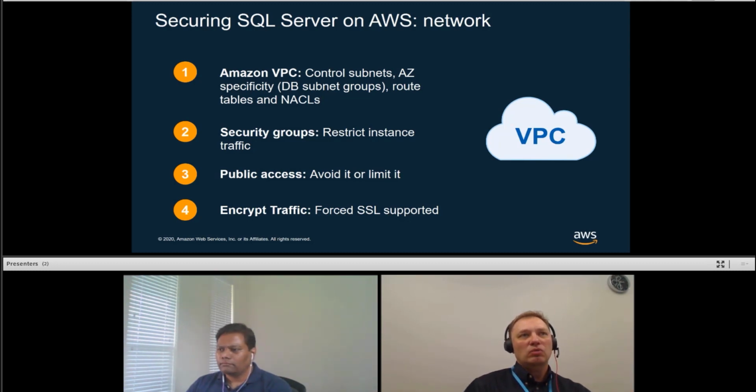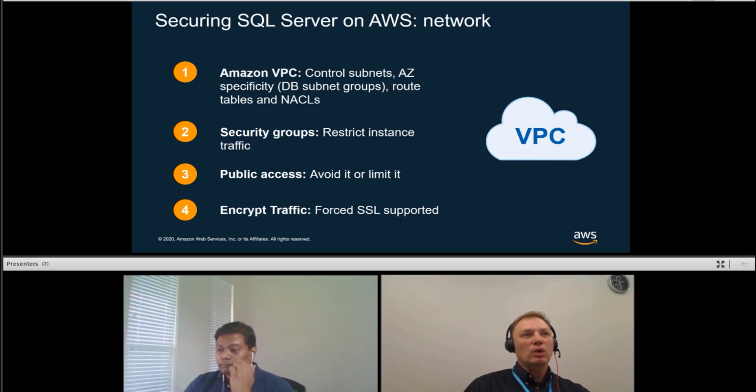You design your network topology where you have the private and the public subnets. And you also have access to NACLs. NACLs stand for Network Access Control List. Essentially, that's another great tool, similar to the security group, to control the traffic that's going between the subnets.